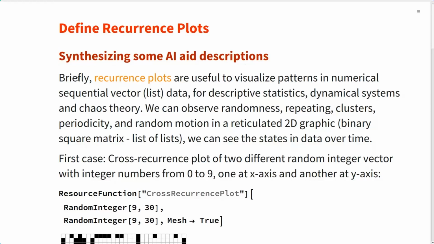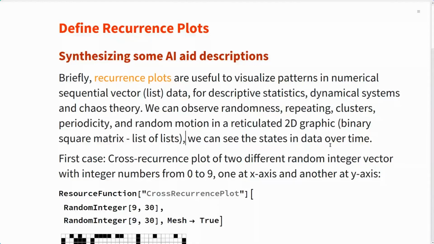To see a definition, I have my own definition. In short, it visualizes patterns in numerical and sequential vectors in lists. We have a 2D binary graphic that shows when the values from two different lists, from two different numerical vectors, are closer to one another.